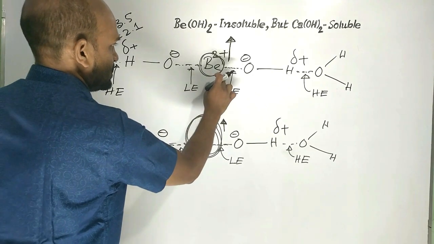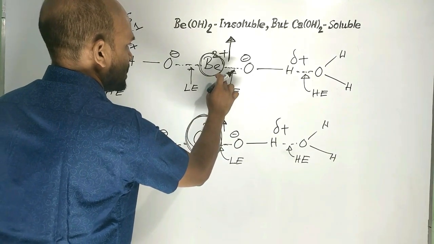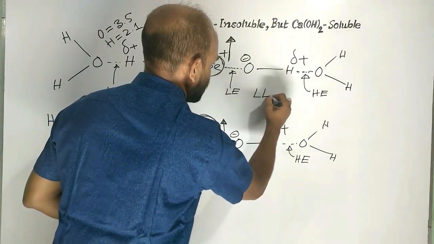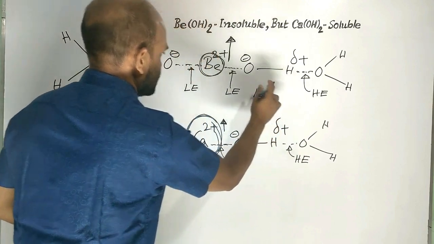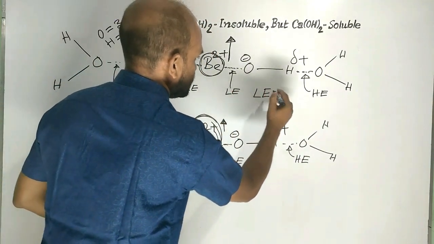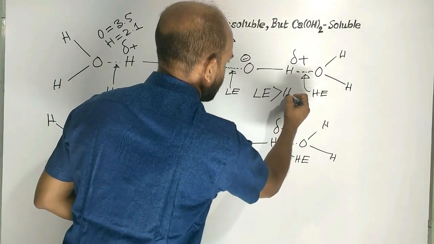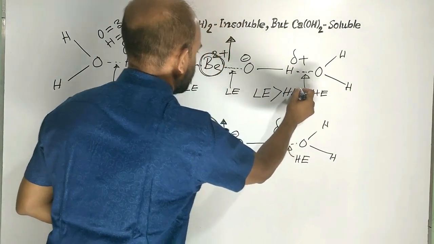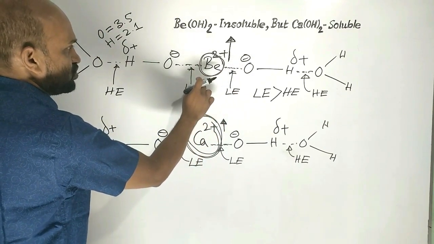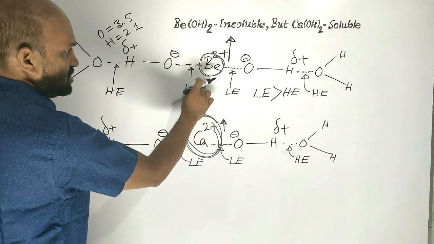The higher the attraction force, the higher the lattice energy. So, in case of beryllium hydroxide, lattice energy is higher than hydration energy because of this higher attraction force, because of the smaller size of beryllium ion.